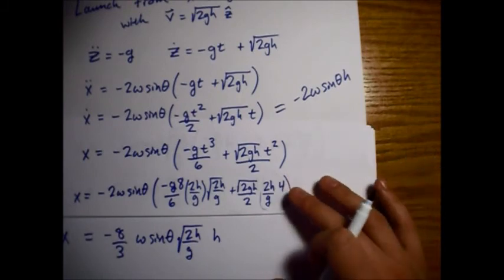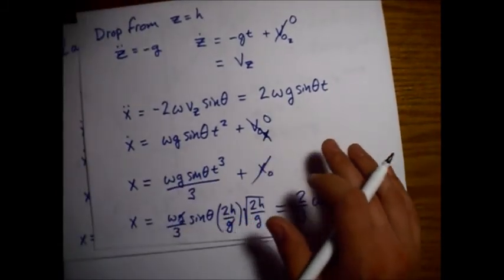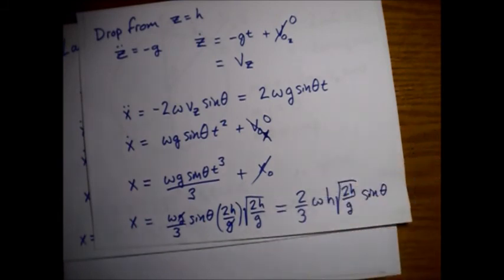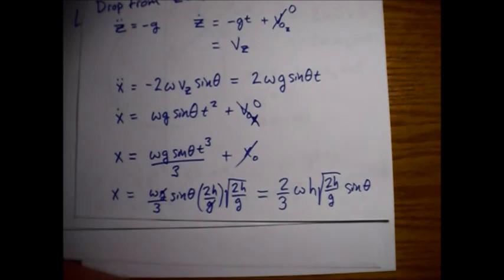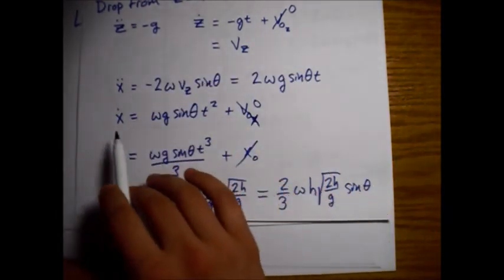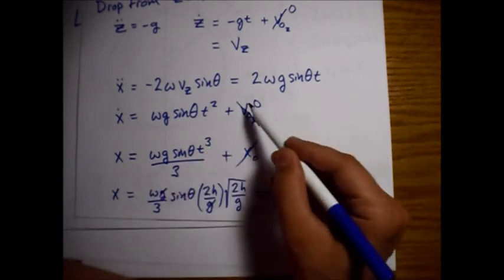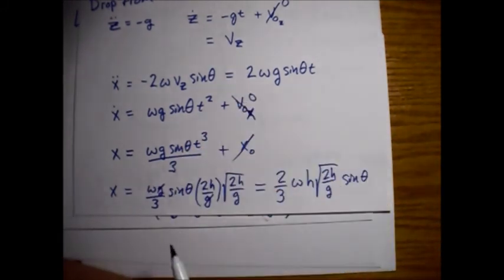All right. Then if we look at dropping it from height h, we know based on our initial velocity when we launched it up that it will reach a height h. So when we were dropping it from height h, we set the initial velocity to 0.